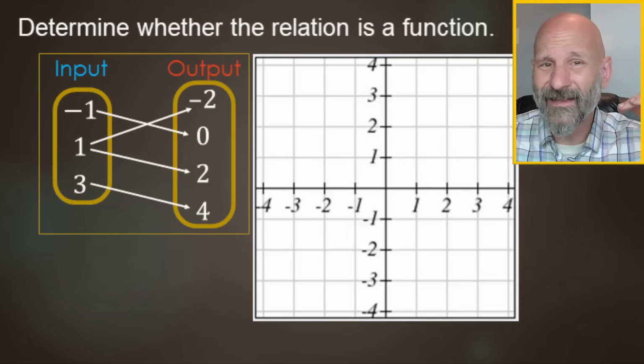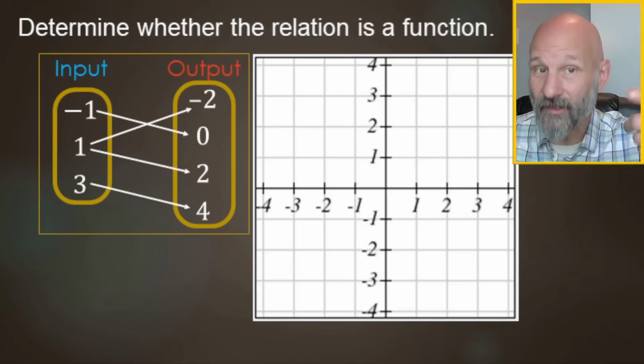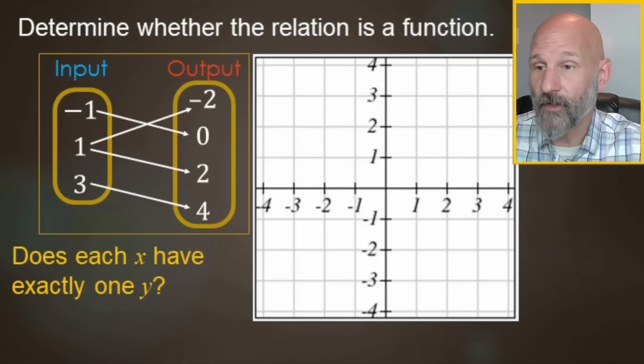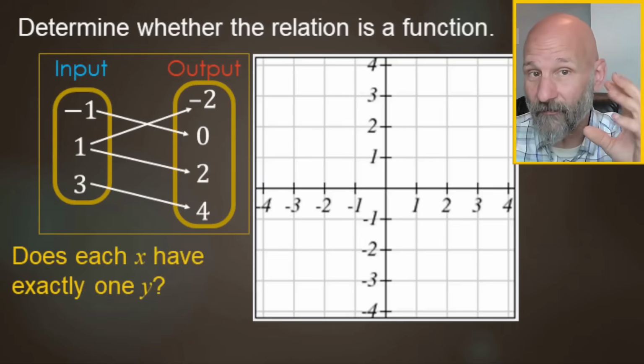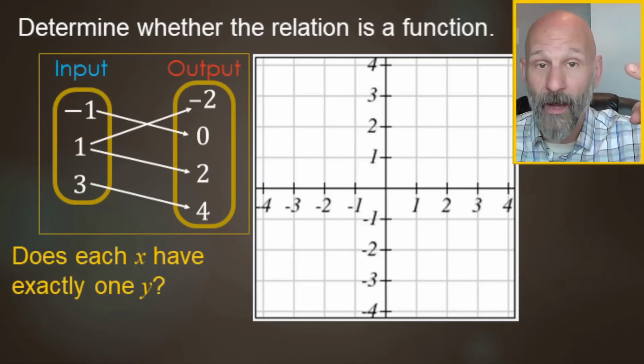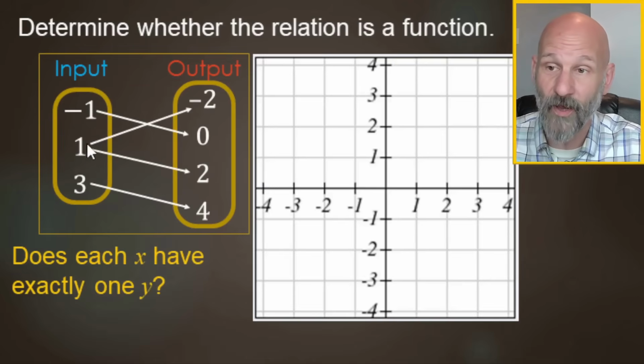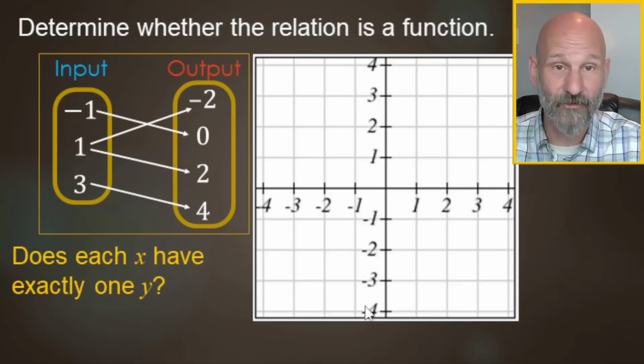Now we're going to see if a relation is a function, okay? So here we go. Remember the definition of a function: each x goes to exactly one y. From our mapping diagram, -1 goes to 0, +1 goes to -2, and +1 goes to +2.